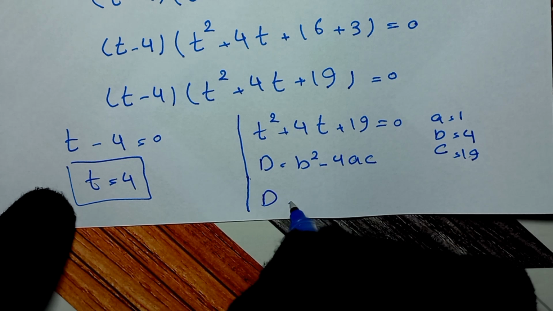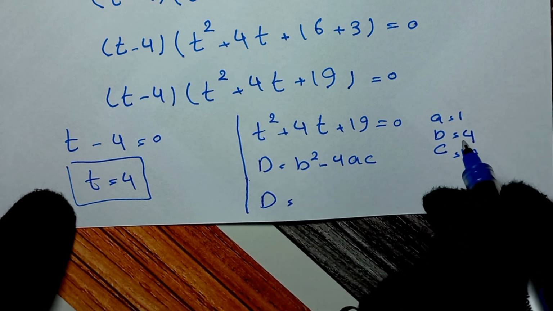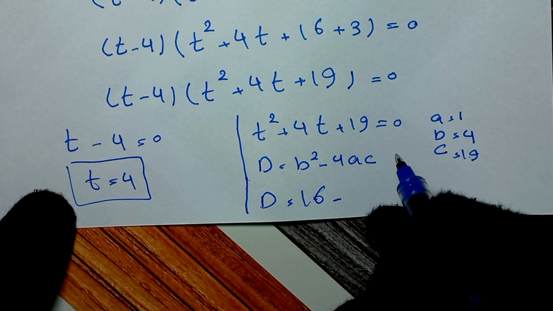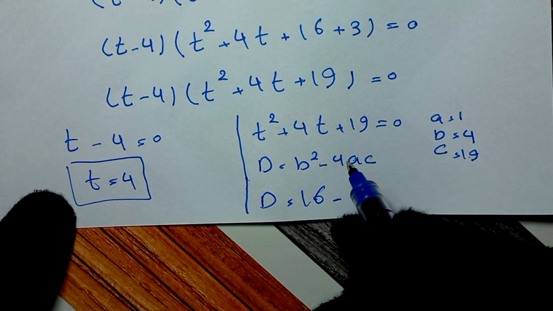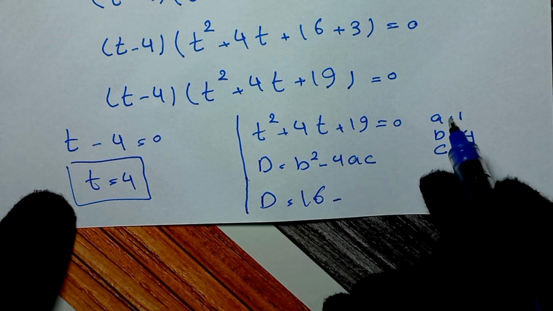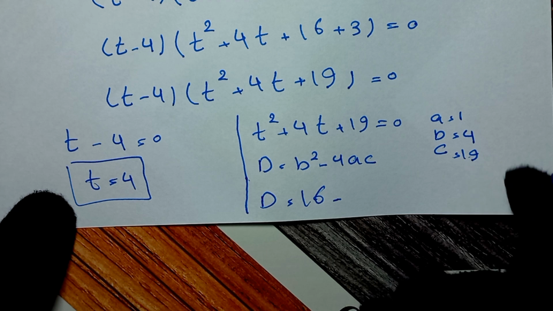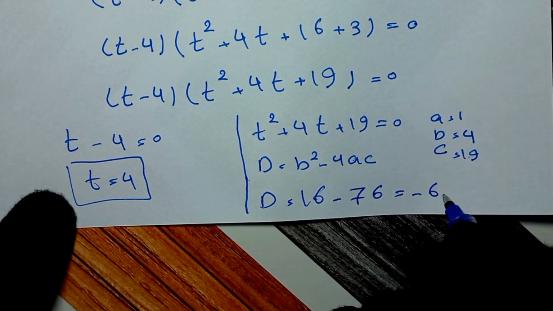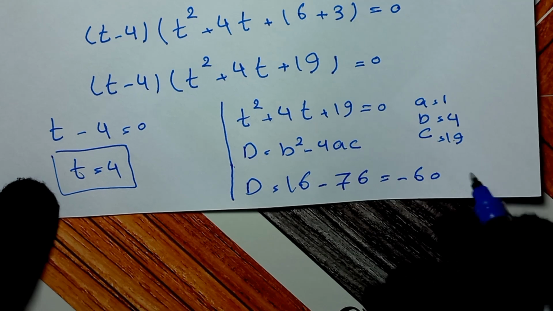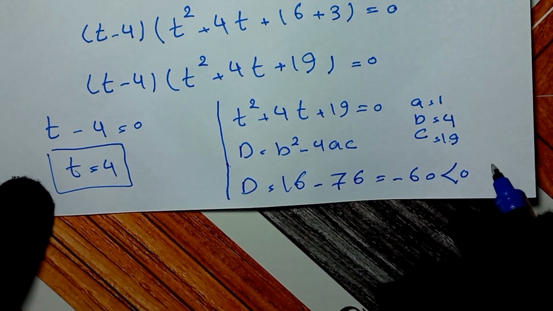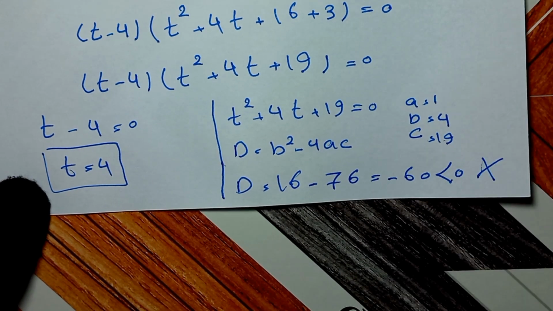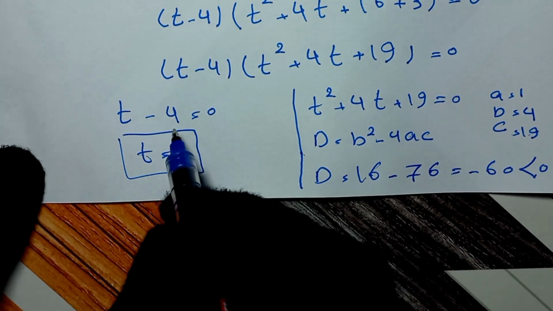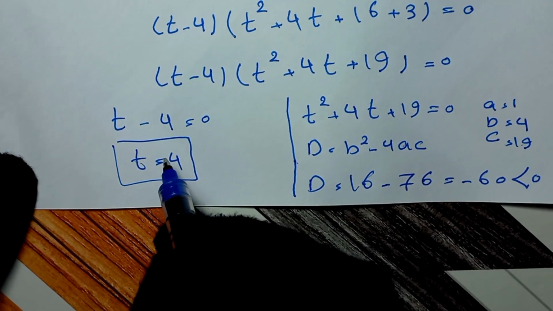And discriminant is equal to b squared, it will be 4 squared is 16, minus 4ac. 4 times a is 1, so 4 times 1 is 4, and times 19 it will be 76, and it will be negative 60, and negative 60 is less than 0, and in here we have no real solution. So we reject this equation, and we continue by t is equal to 4.